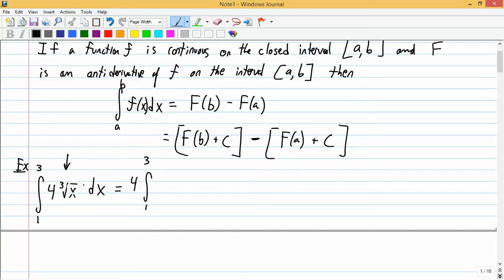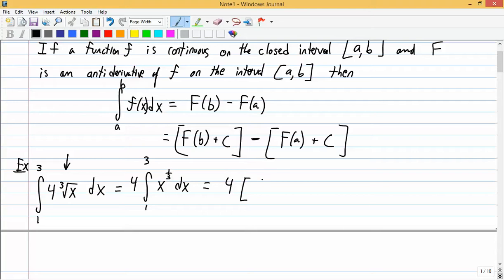And so if I rewrite that integrand, this is x to the 1/3 power. Now the way that I integrate that, I add 1 to the power and divide by the new power. Okay, so notice I'm keeping that 4 out here. And then if I add 1 to the power, that'll be the 4/3 power.